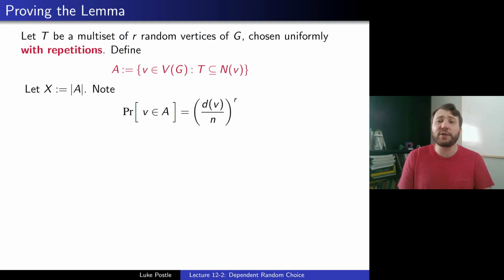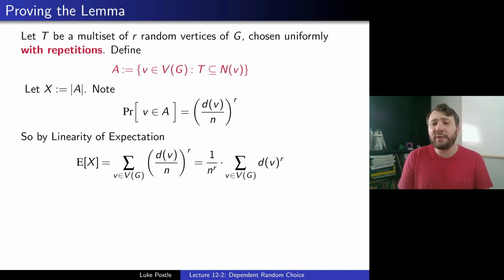I need each of the choices to be a neighbor, so each choice has probability d(v) over n, and as they're independent, we get d(v) over n to the r. And here it's key, we're using with repetitions, so I don't have to worry about falling factorials. Really, each time I can have d(v) chances to get a neighbor. So that's the probability that an individual vertex is in A. It goes with the degree: it's d(v) to the r over n to the r.